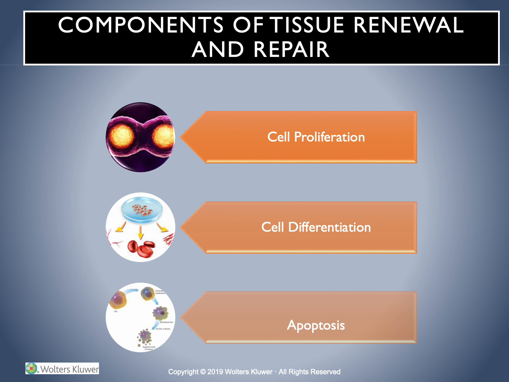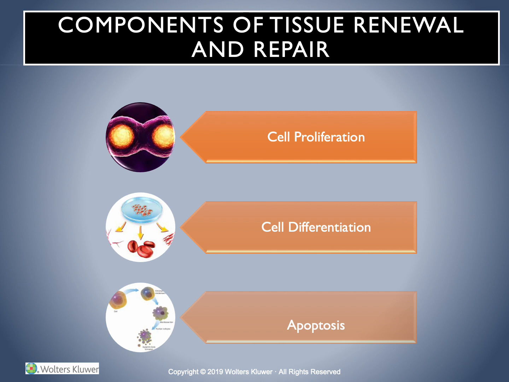Whereas cell differentiation refers to the process by which cells become specialized and acquire specific functions. In tissue renewal and repair, newly generated cells need to differentiate into specific cell types to replace the damaged or lost cells. This process is regulated by various molecular cues and signaling pathways.